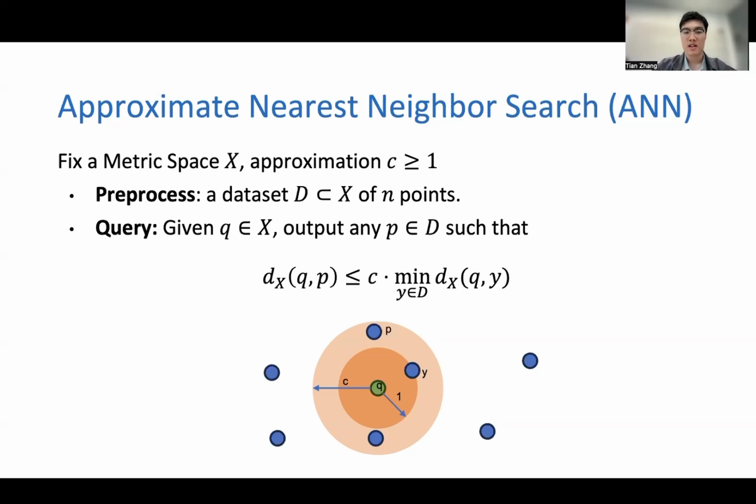Later on, a query point in the metric space will arrive, and we are supposed to output any data set point P such that ideally its distance to the query is minimized, but here we allow it to be off by a factor of C. So for example, here the green point is a query and Y is its true nearest neighbor in the data set. And according to the problem setting, we are allowed to output P as our answer.